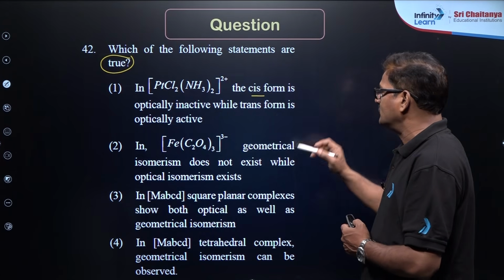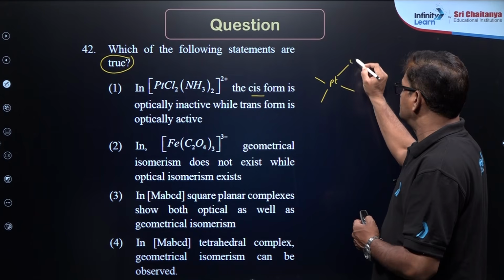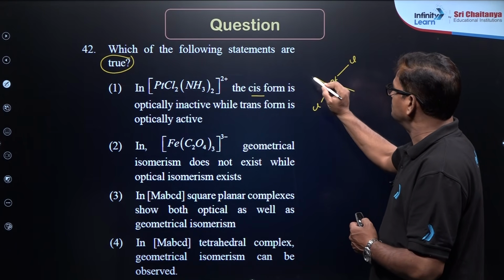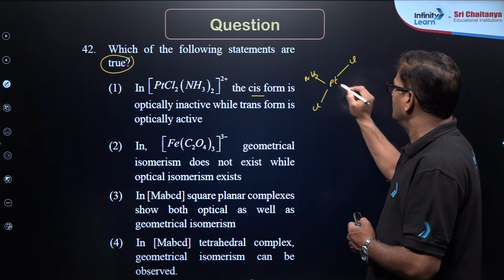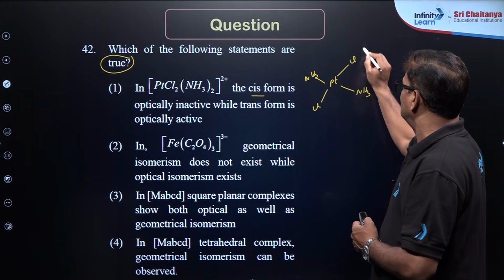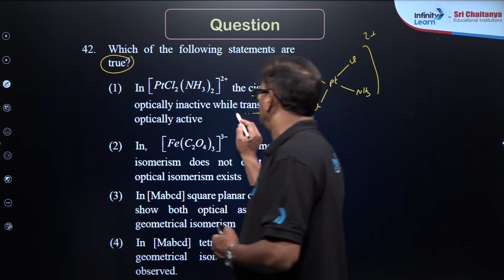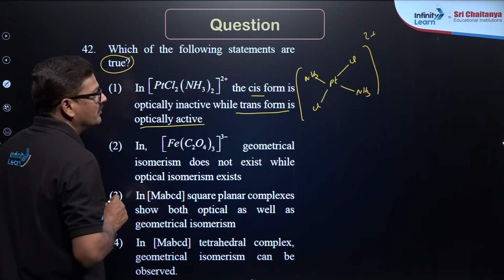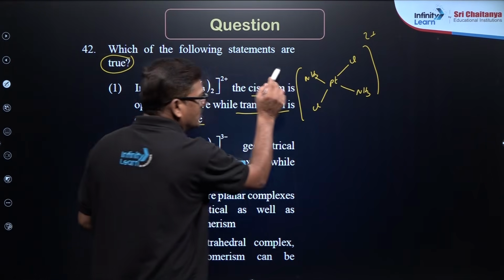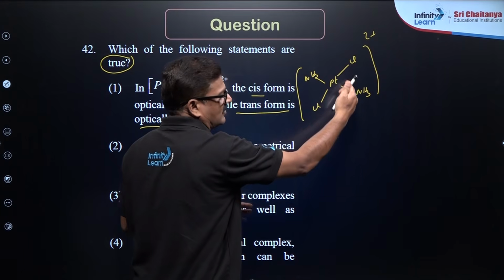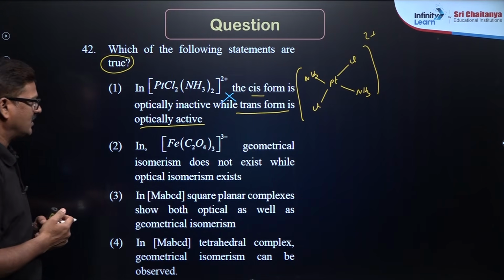When you talk about this Pt, with Cl and Cl and NH3 and NH3, this is a trans form. It is said that the trans form is optically active. When you take a plane over here, it has the same side, so you are going to see this statement is not correct.